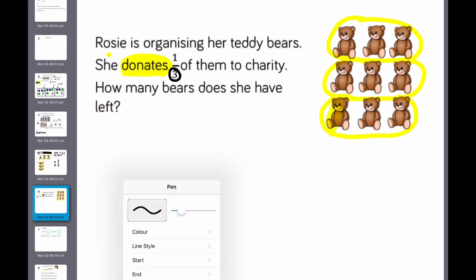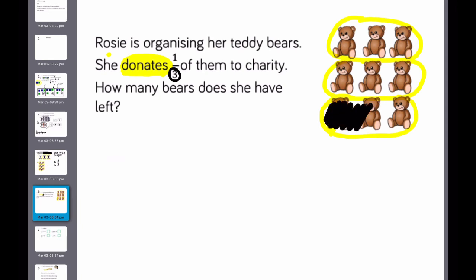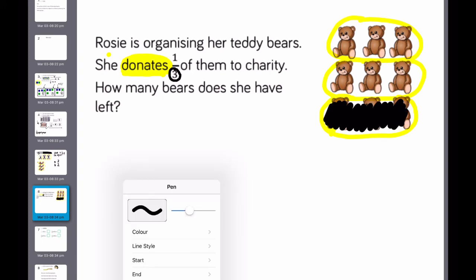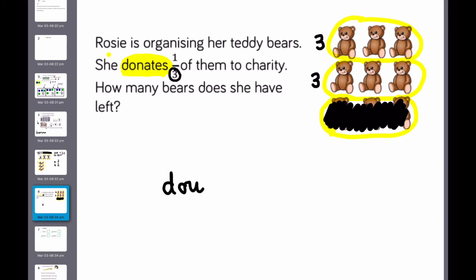So let's take away 1/3 of the bears. Ready? Goodbye, bears. Okay, let's work out how many bears Rosie has left. 3 in this group and 3 more. So double 3 is 6. She has 6 bears left.